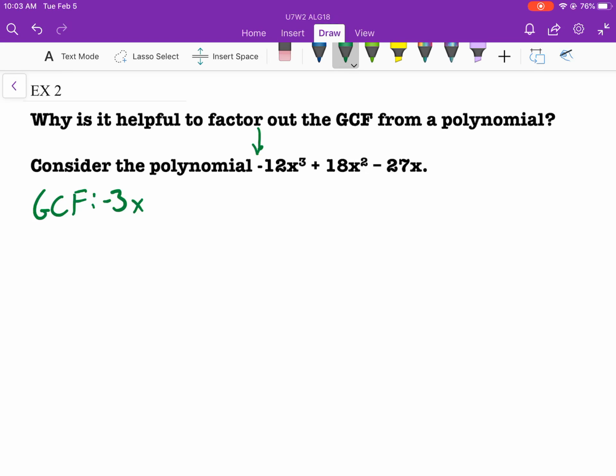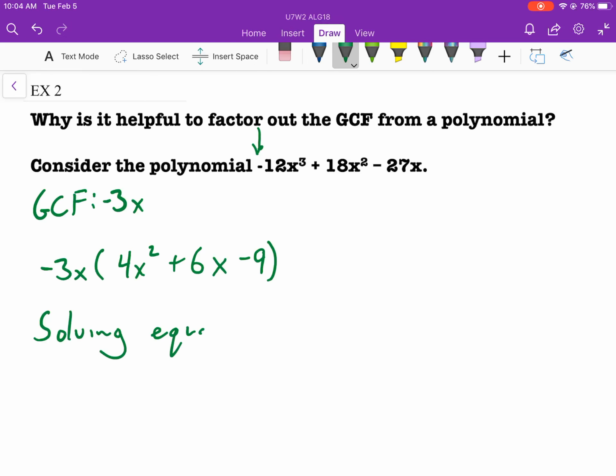So factor that out, negative 3x times 4x squared plus 6x minus 9. And then this is going to be useful when we start solving equations using polynomials.